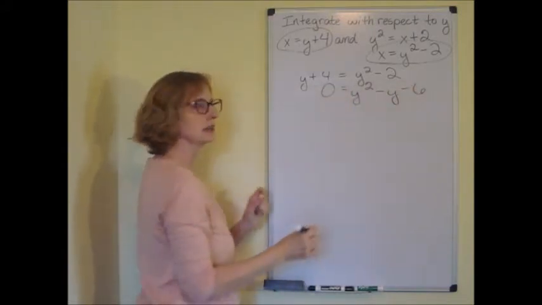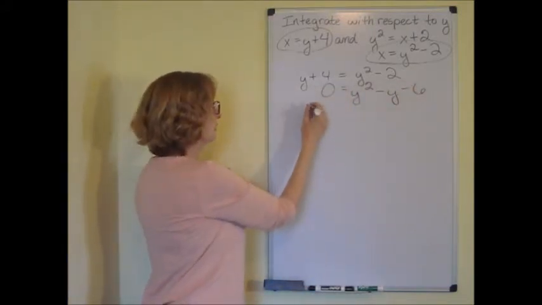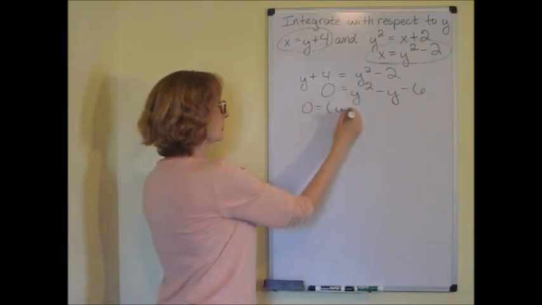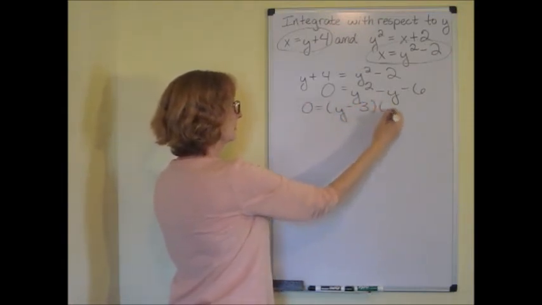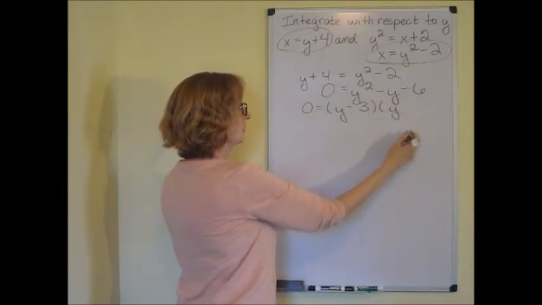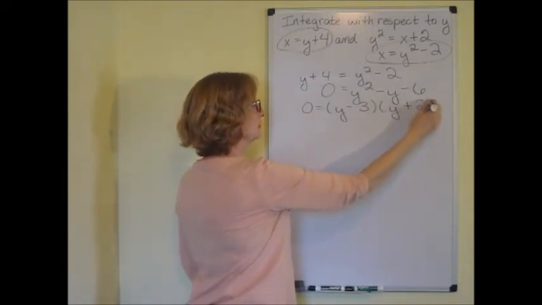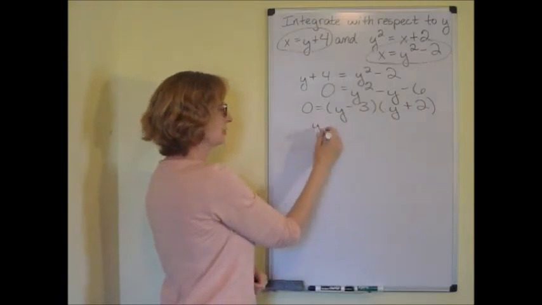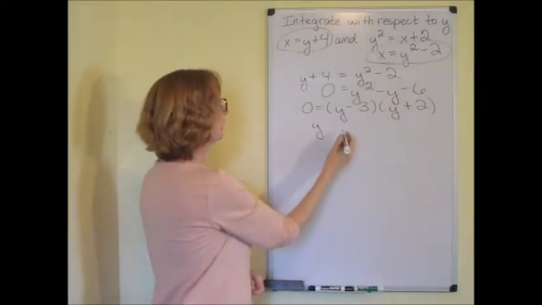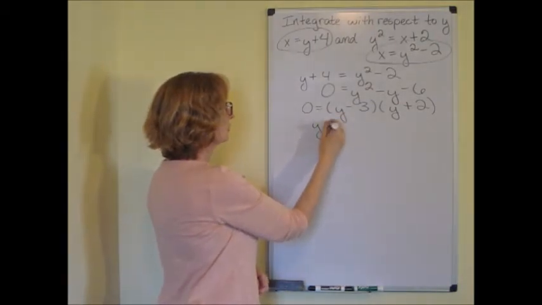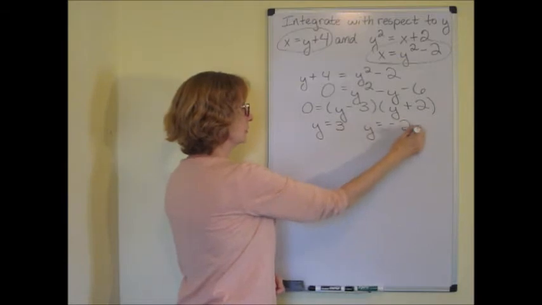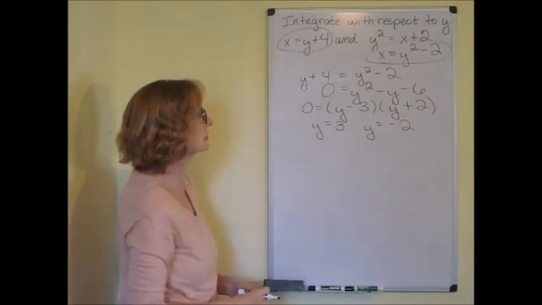Got this set to 0. Factor. That's y minus 3 and y plus 2. So that gives us our limits of integration, but these are y values this time. So y equals positive 3, y equals negative 2. Those are going to be the limits of integration that we're going to use.